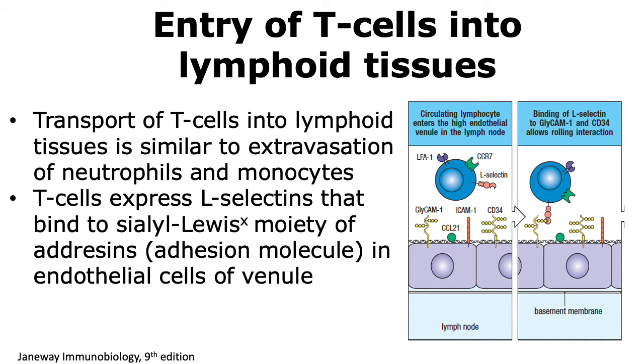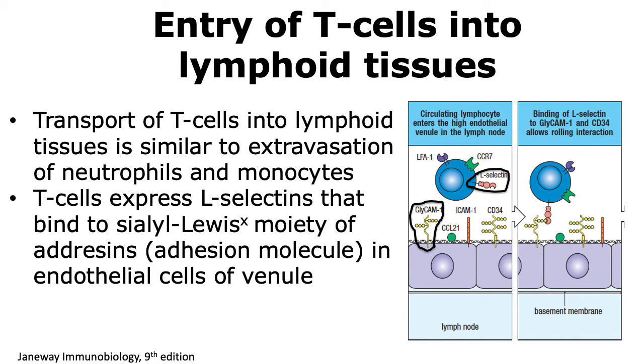Now, T cells express the molecules L-selectins, and that is what we can see in the figure. The L-selectins are able to bind the sialyl-Lewis X moiety. So on the endothelial cells of that venule, we can see these proteins called addressins, which are adhesion molecules.